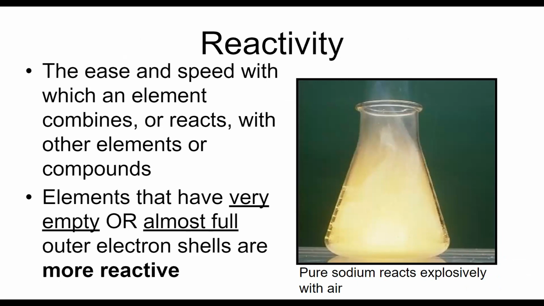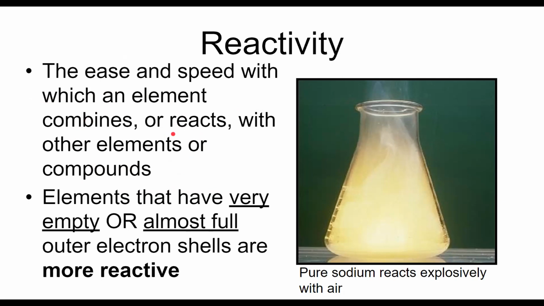So reactivity is a chemical property of an element. We talked about chemical properties last week, when we were talking about how likely an element is to do a specific type of reaction. And so the reactivity of an element just describes how easily and how quickly a single atom will combine or react with other atoms or compounds, other molecules.